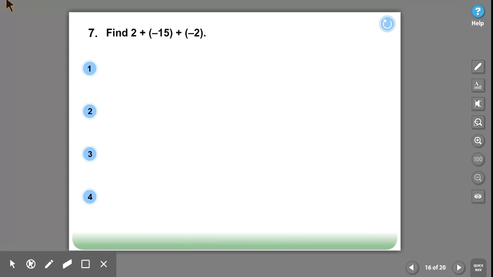Here's example number 7. Now, the rules that we've been showing you are for 2 integers at a time. Now, whenever you have 3 integers, you still have to do the same thing. You do 2 integers at the same time. So, first thing we're going to do, what they like to do is they like to use the commutative property of addition to reorder the question here, simply because it'll make it a little bit easier.